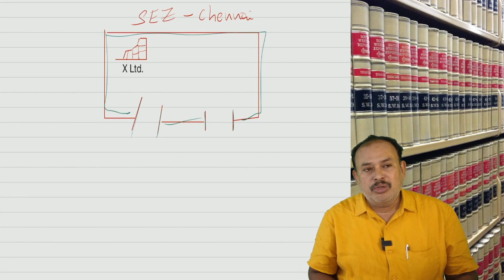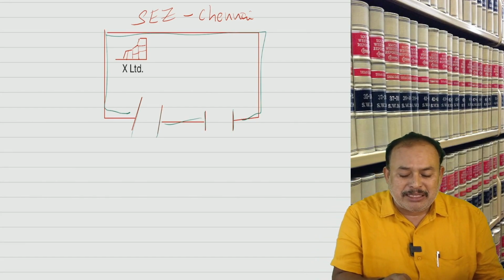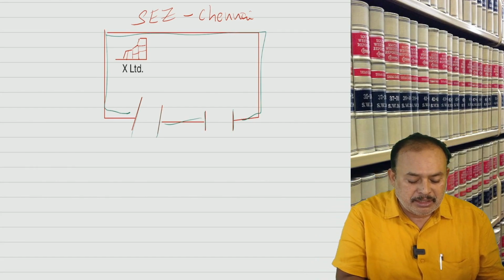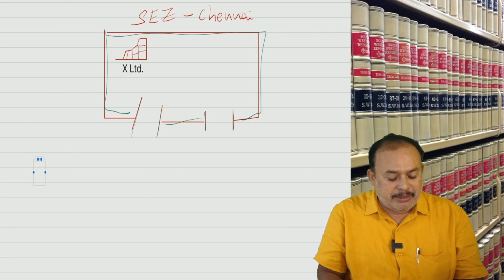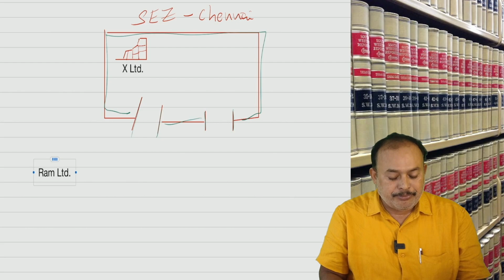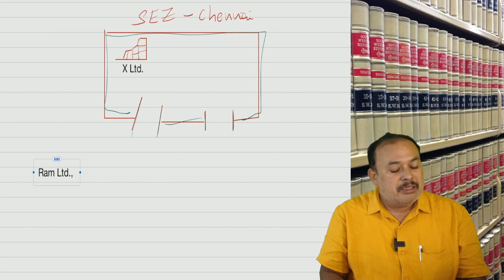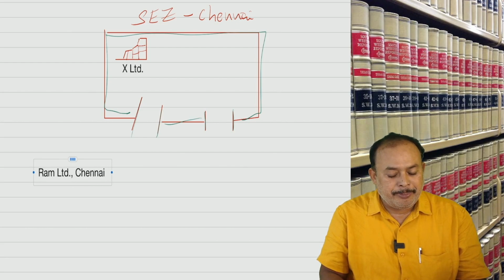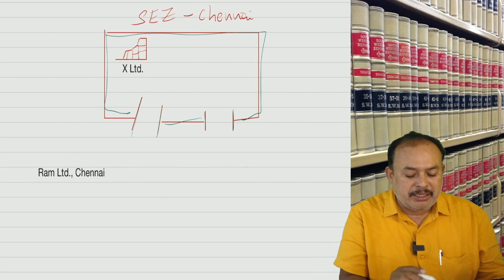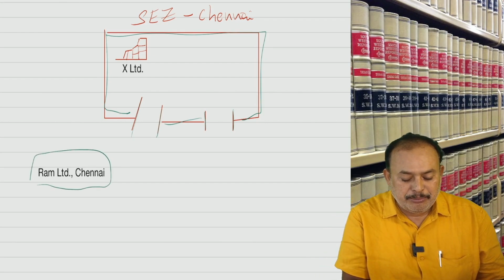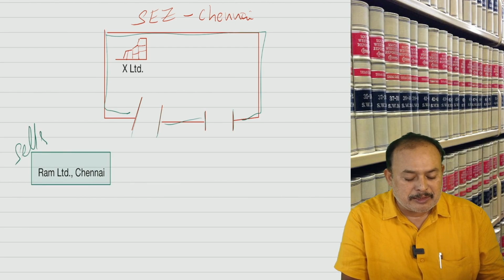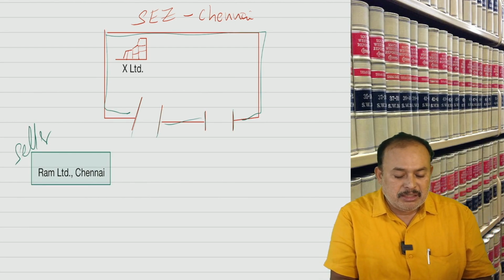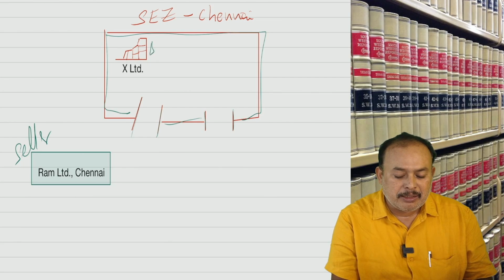Now, if I supply the goods, who am I? Let us say Raman Limited, Chennai. From here, being a supplier, a seller, and he is the buyer.